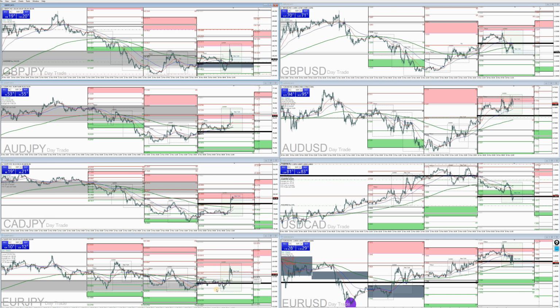The other one is the euro. So I'm going to mark the setup here. This was the break of, whoa, what am I doing? Okay. Let's fix this.